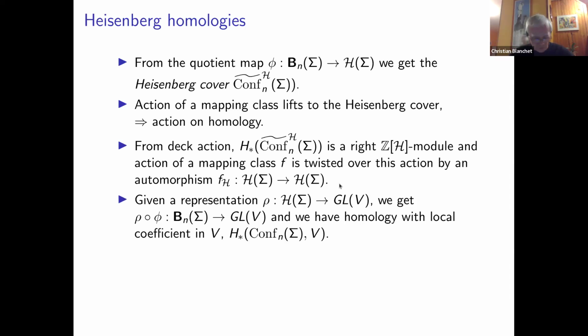So what we can further do is take a representation of the Heisenberg group acting on a finite or infinite dimensional vector space V. And then by composing with phi, you get a homomorphism from pi1 of the configuration space to a linear group, which is exactly what we need for defining homology with local coefficients in V.